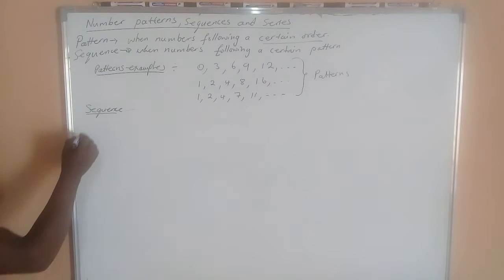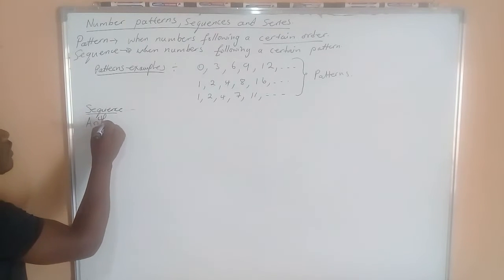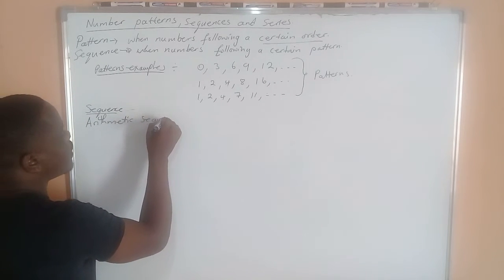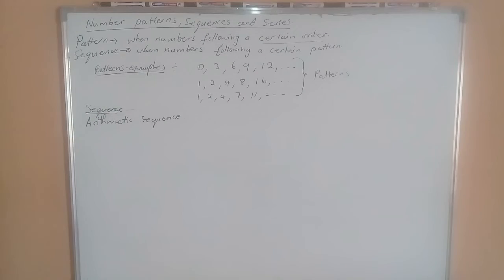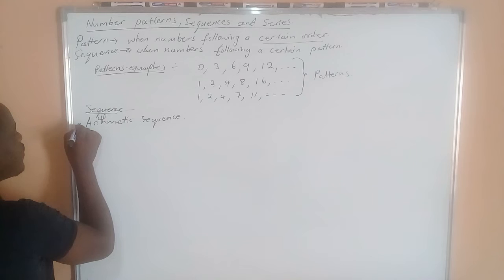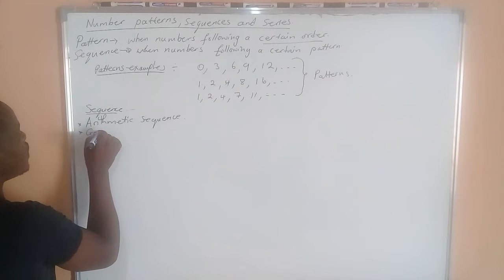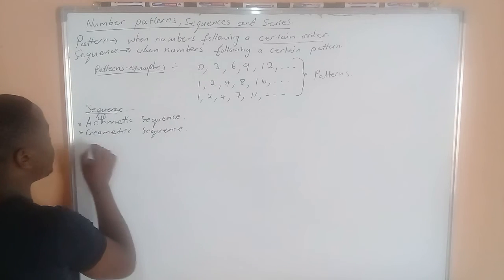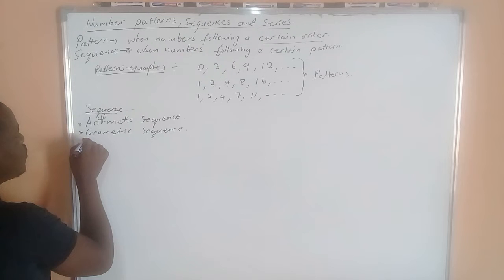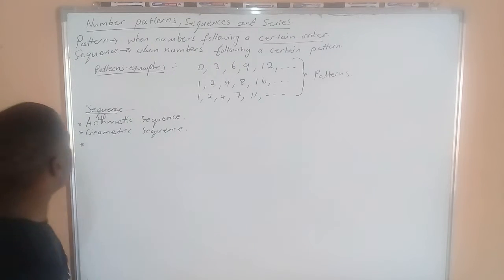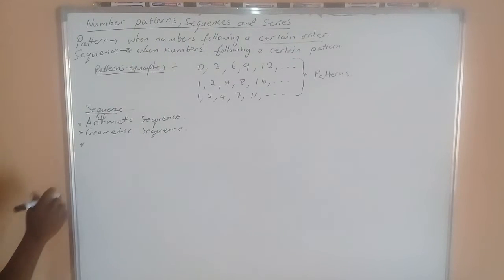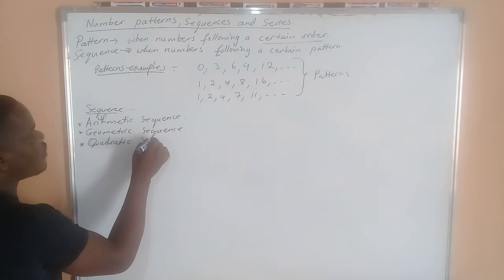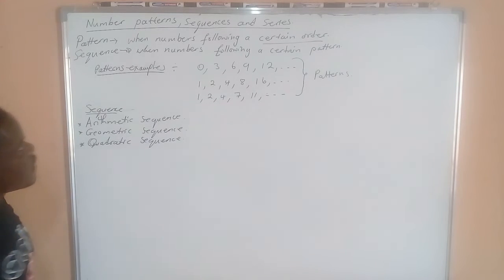Okay? We have what we call an arithmetic sequence. Then we also have what we call a geometric sequence. Then we also have what we call a quadratic sequence.